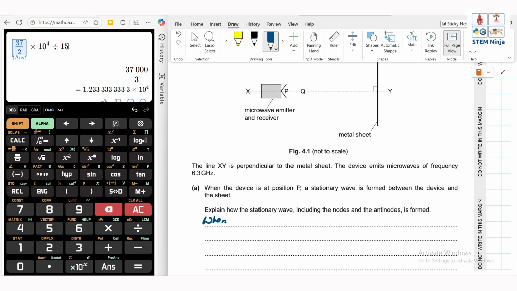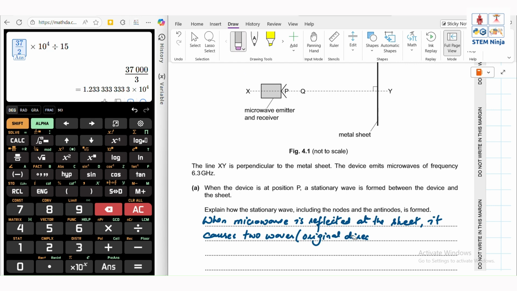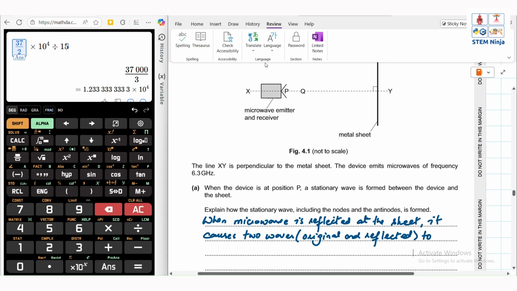So when the microwave is reflected at the sheet, it causes two waves, original and reflected, in opposite directions, to interfere or superpose, you could say.